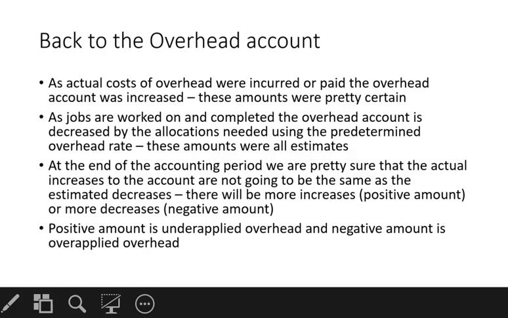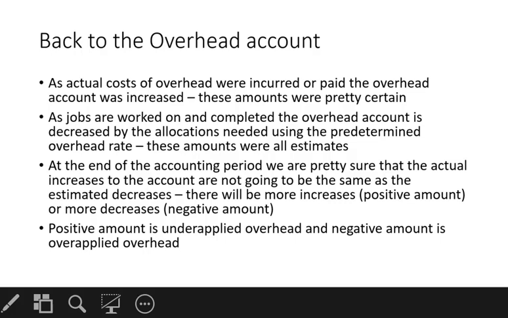At the end of the accounting period, so you could do this every quarter, every month if you want. Most companies don't want to do it that often. At least at the end of the year when you do financial statements, you have to look at this overhead account, okay? And because one side, the debits, is actual and one side, the credits, is the estimate, you're never going to get that exactly right. If it turns out exactly right, then somebody fudged the numbers, okay?